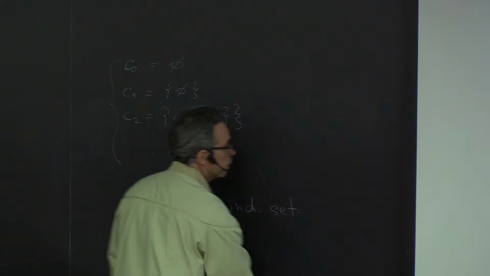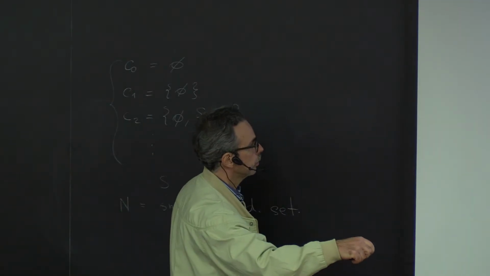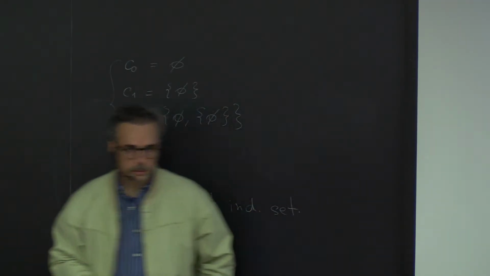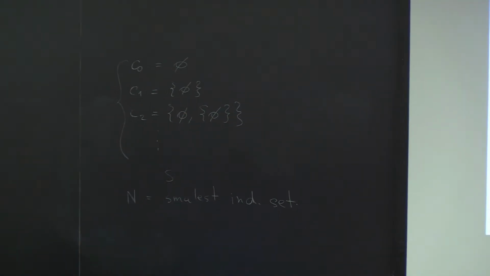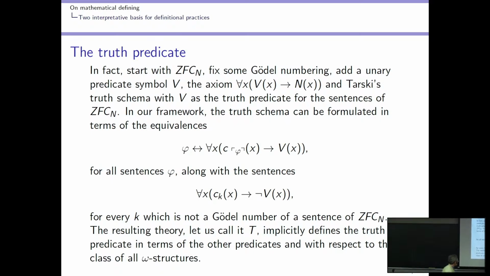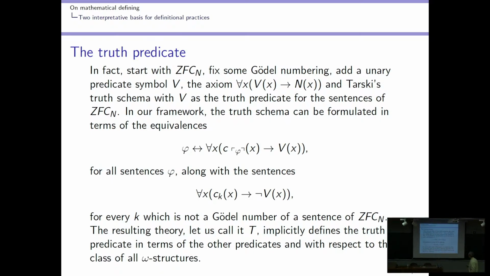Oh, this is just Tarski's truth schema, right? And also add for all sentences phi. This is Tarski truth schema for all sentences phi, and also add this for every k which is not a Gödel number of a sentence.